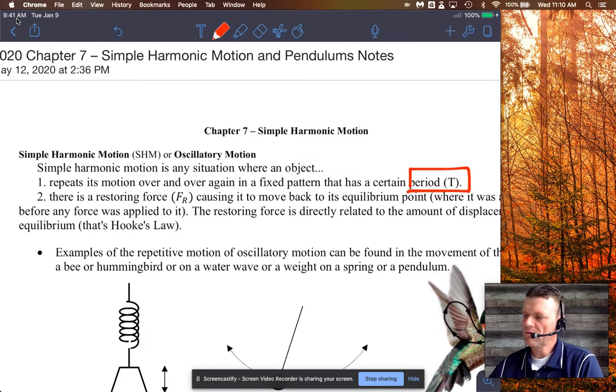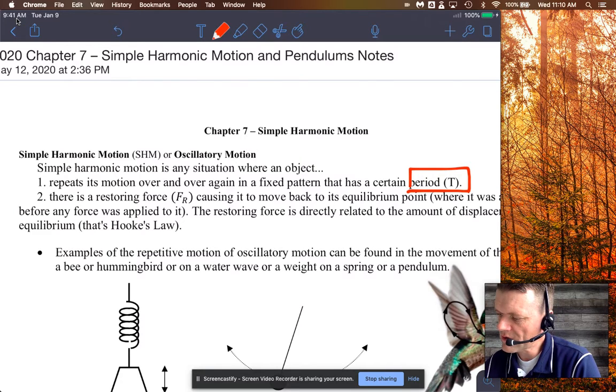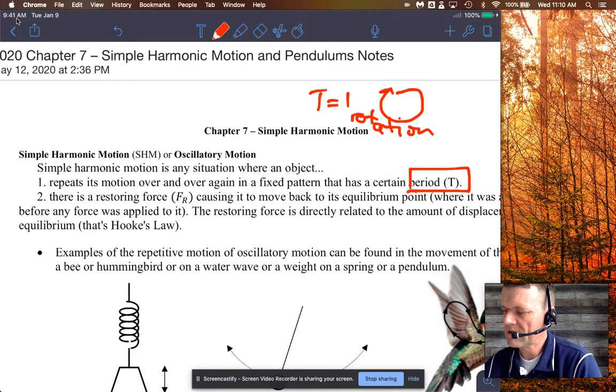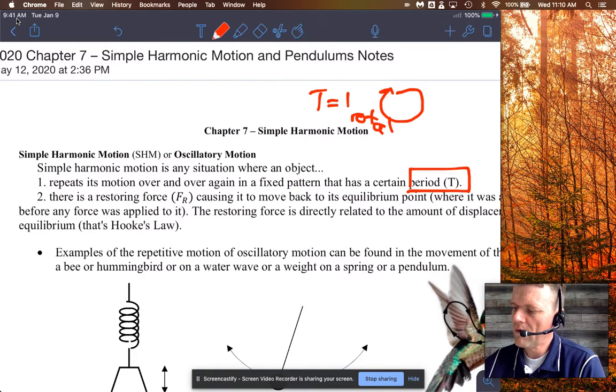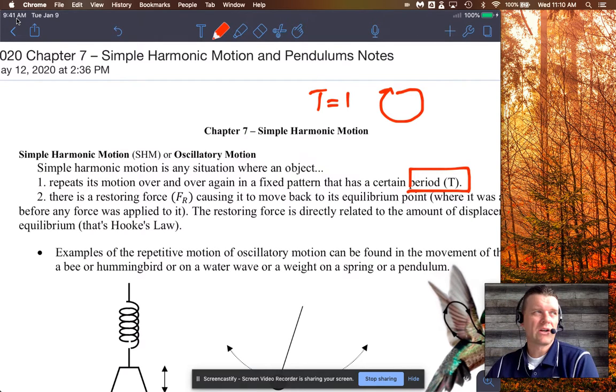In the past, we've talked about circular motion. So if an object goes in a circle, then the period is the time for one rotation. One rotation is the period, but now we're going to expand that just a little bit to consider objects that aren't necessarily moving in a circle, but are moving in a pattern that repeats itself.